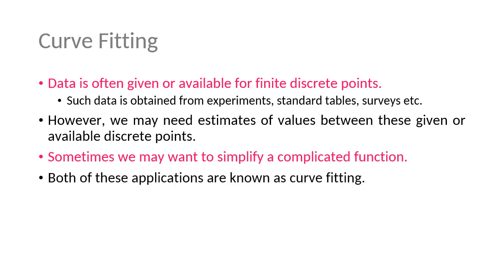So you may have a weird function like y equals x square e raised to minus x plus sine x divided by x square plus tan x, or let's say plus x cube, and so on.